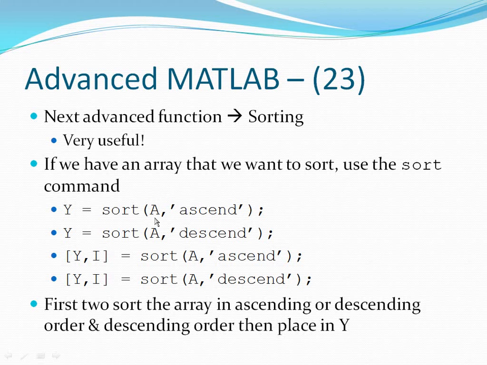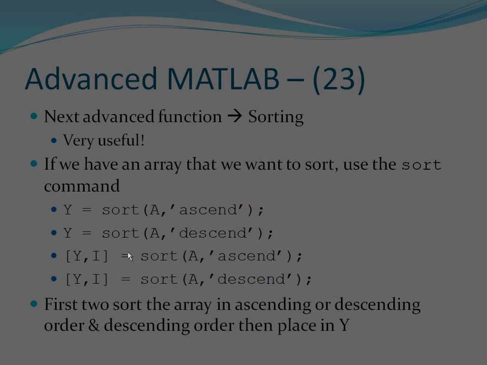You also have the option of not only sorting the array, but telling you where the elements have moved, which index moved so that it corresponds to the sorted order. So the first two sort the array in ascending or descending order, and then place it back into Y. The next two not only give you what the sorted array looks like, but also the indices of where the original values came from for each corresponding position.